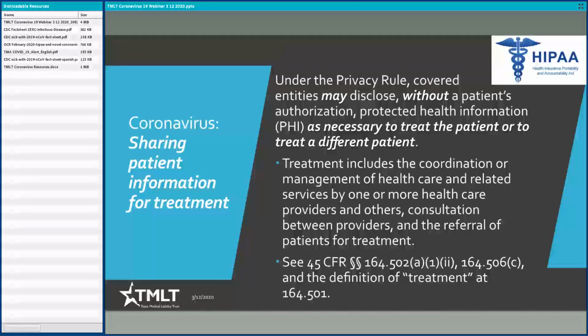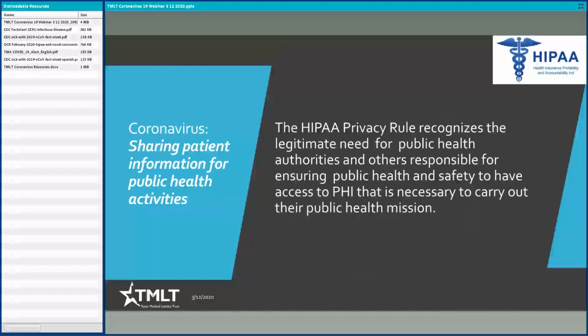So that means that if you have a patient that has called you or is in your office and they are significantly ill and you need to transfer them to an emergency department, then you need to call the hospital and coordinate how that patient is going to be arriving and where they should enter the facility. If you share information regarding this, there should be no fear of problems with HIPAA down the road. That is certainly for the treatment of the patient.